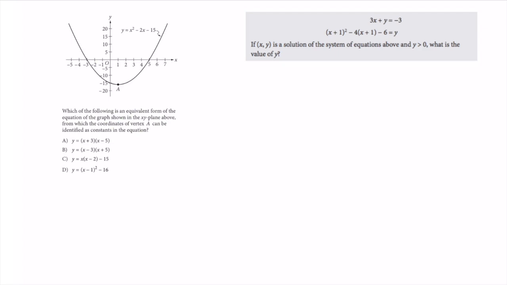There are a few key terms here, but what they're looking for is the equation in vertex form, in regards to the vertex A. My vertex A here is (1, -16).